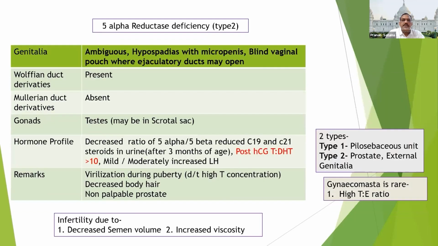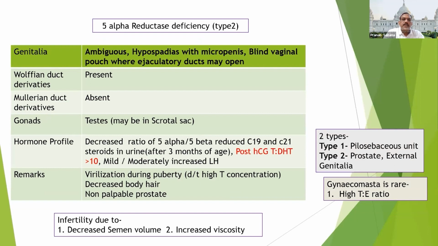5-alpha reductase deficiency. 5-alpha reductase converts testosterone to dihydrotestosterone, which is a more potent androgen than testosterone, and which is responsible for virilization of the external male genitalia from the prostate onwards, so deficiency results in sexual ambiguity.